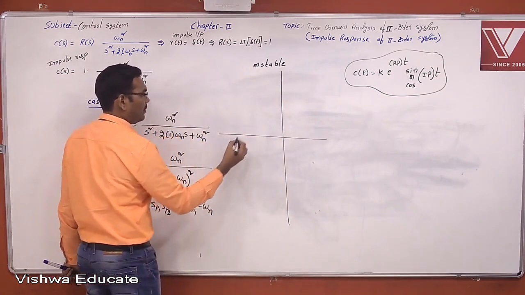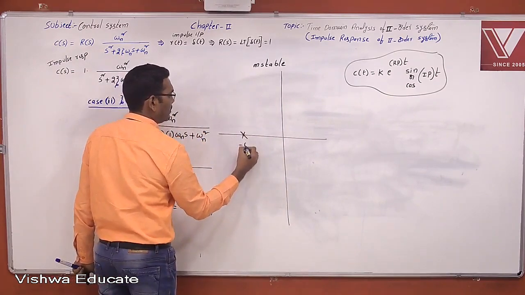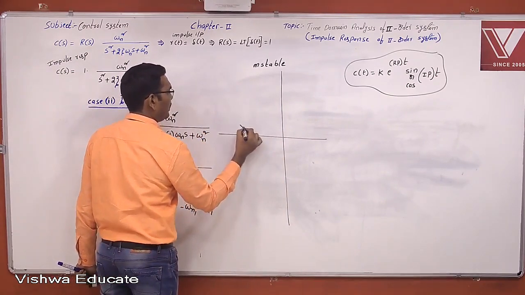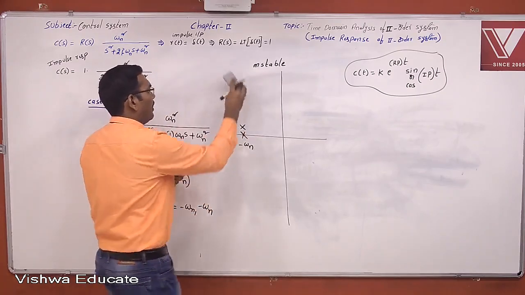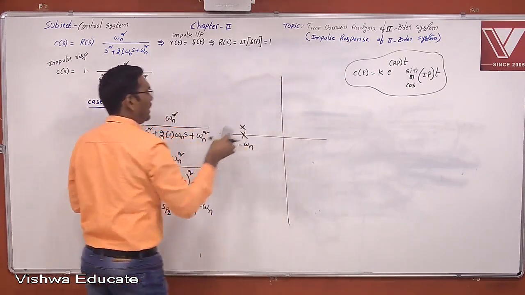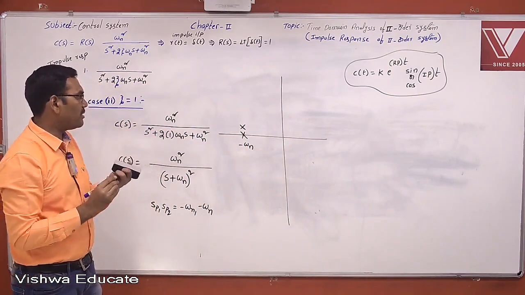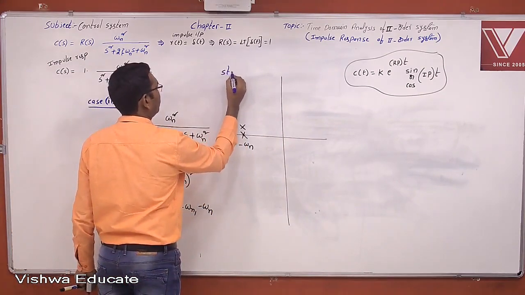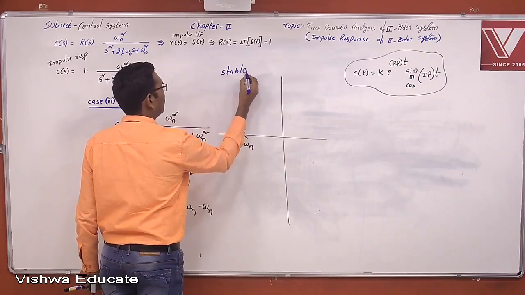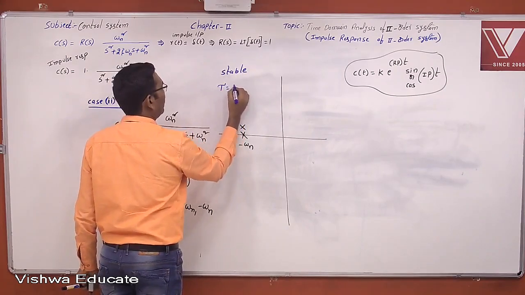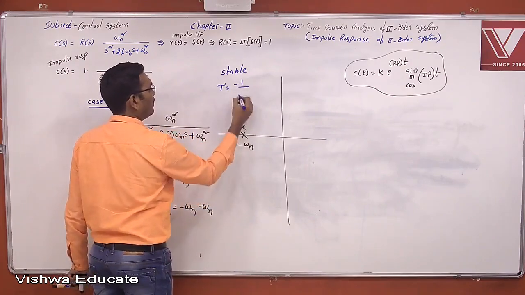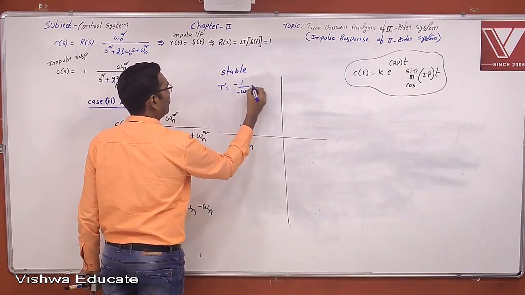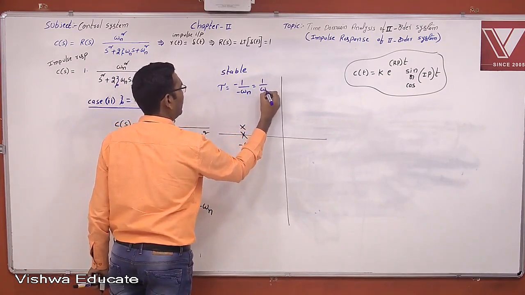Now this is the real part, minus omega n, but the poles are repeated. But we know that whenever the poles lie on the left hand side of the s plane, then obviously without any second thought, the system is stable. Time constant is the negative of the reciprocal of the real part, therefore 1 by omega n seconds.